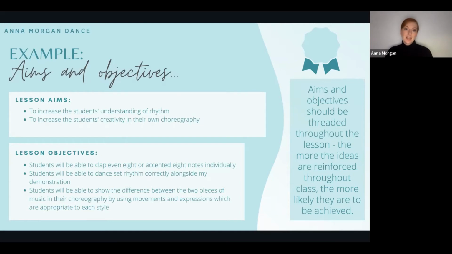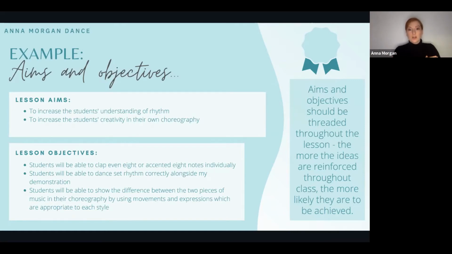What we need to do instead is look at what the wider aims and objectives are for that group of students, and then plan accordingly. So if, for example, you're doing the second aim here, which is trying to get more creativity in their own choreography, and in that objective we're looking at being able to identify the difference between pieces of music, then you're not just going to do one task in the middle that kind of helps that.